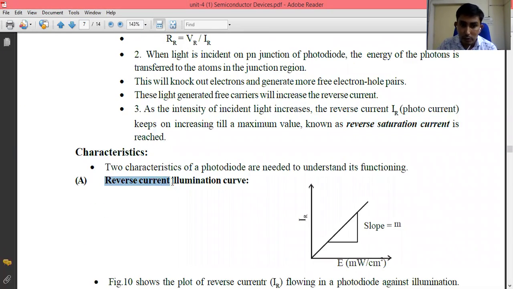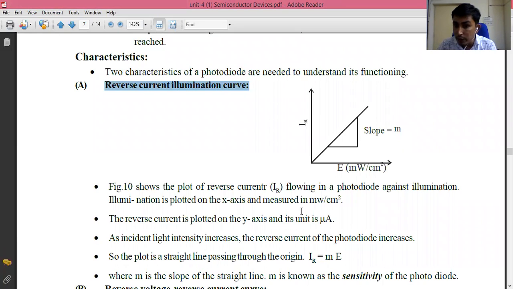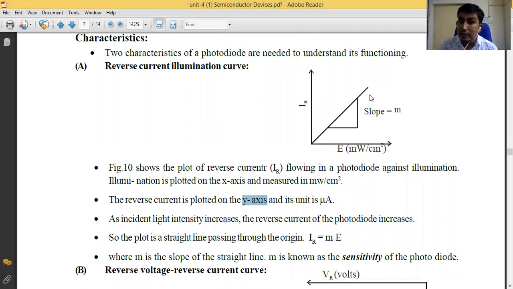The first one is the reverse current illumination curve, which is nothing but the curve between illumination and reverse current, in which the illumination is placed on the x-axis and the reverse current is placed on the y-axis, in microamperes. The illumination is measured in milliwatt per centimeter square.